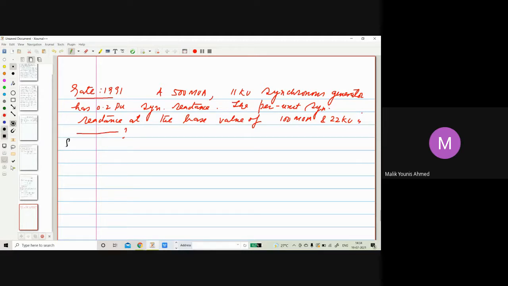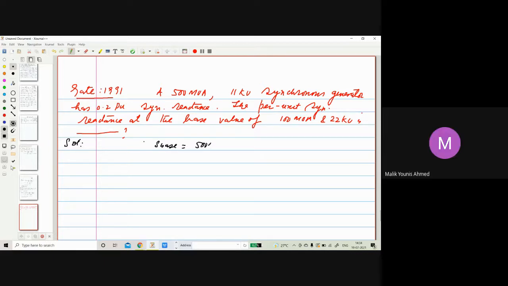Very simple numerical. Mansha? Yes, sir. Okay, tell me how to solve this problem. So we are given X per unit old, 0.2. We will apply these values to the formula straight away. What is the S base old? S base old is 500 MVA.